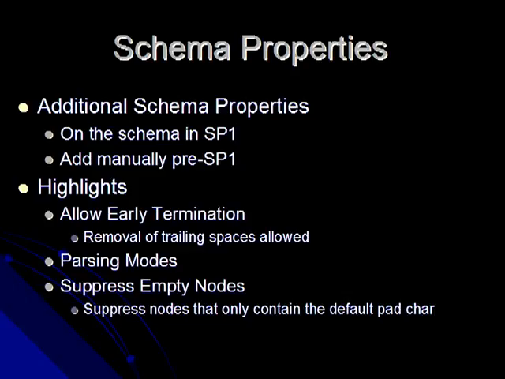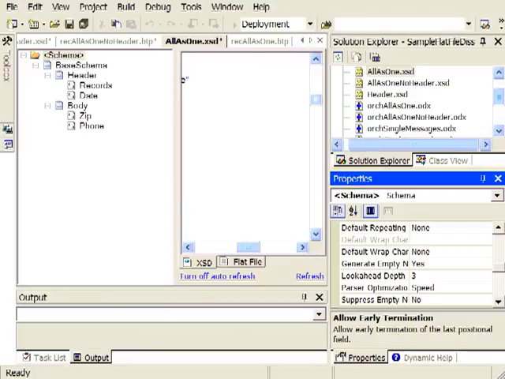We also have parsing modes, speed versus complexity, and we have suppress empty nodes, which will, when BizTalk converts the flat file to an XML document, suppress anything that has the default pad character as the only contents of the node. So let me go back to our schema.